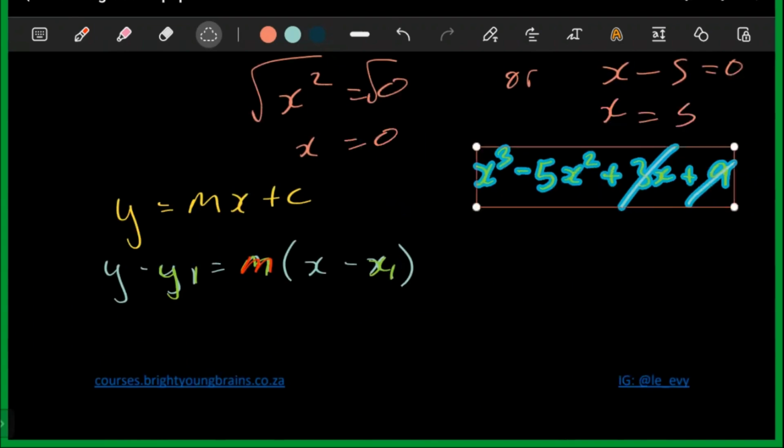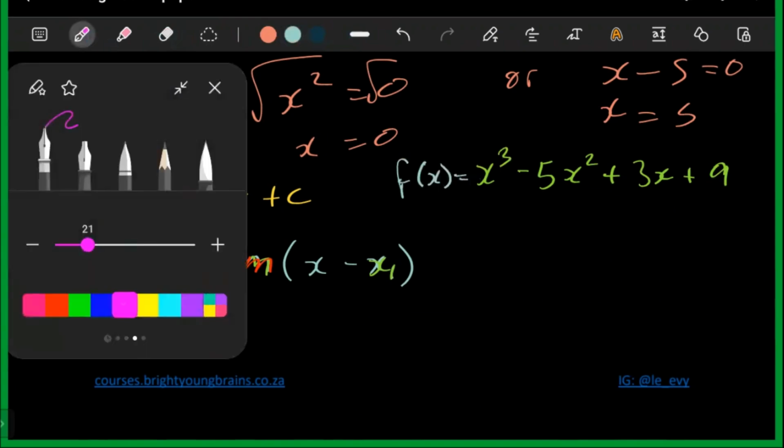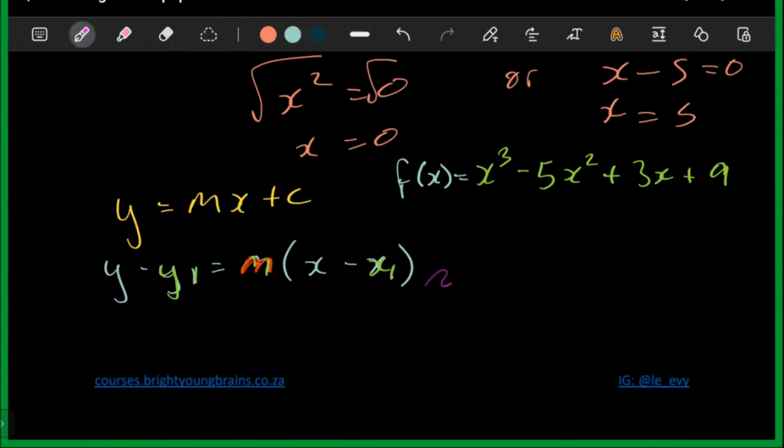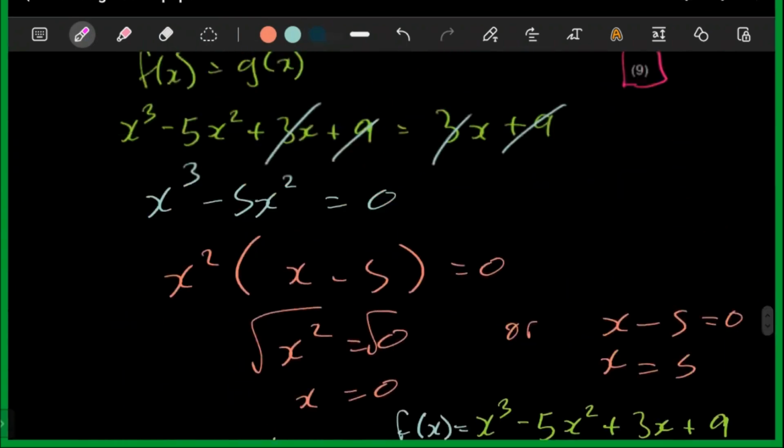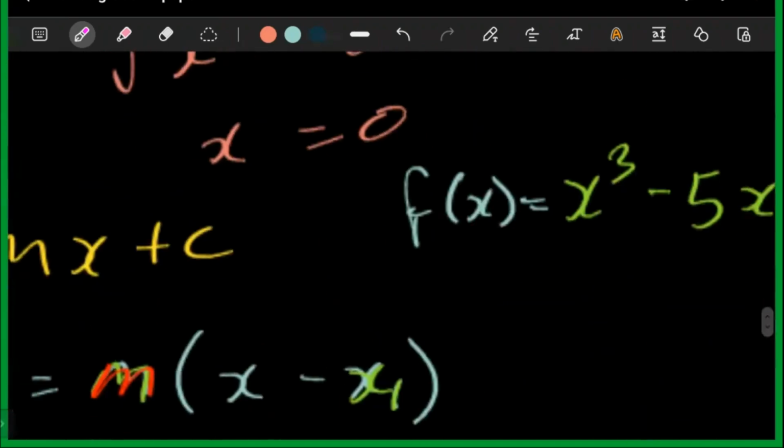So let's take our equation of f of x. This is what f of x looks like. We want to differentiate it, so that we can find the gradient where the x value is a 5. That's going to be the gradient of our tangent.